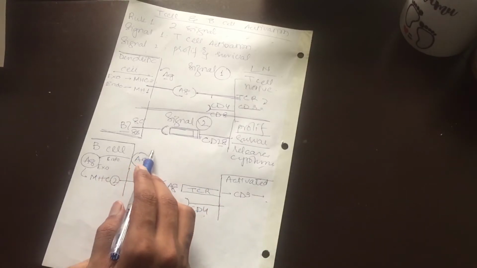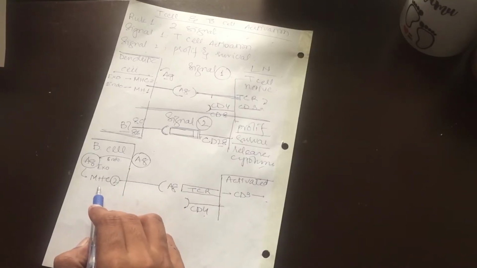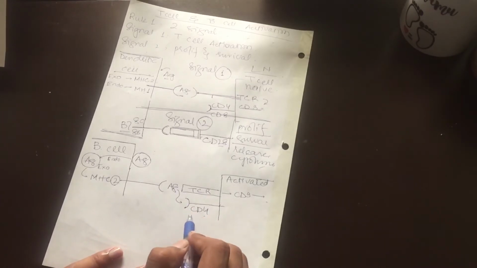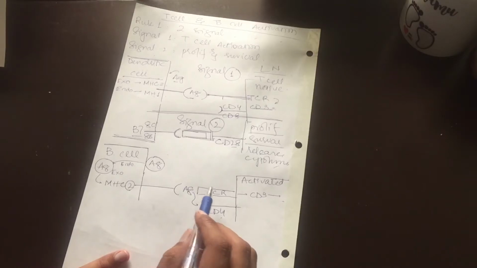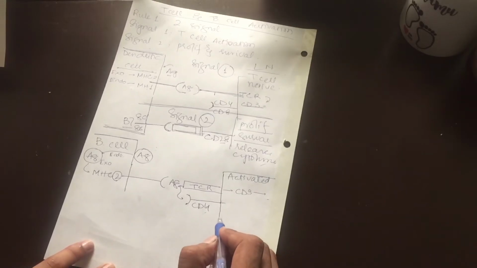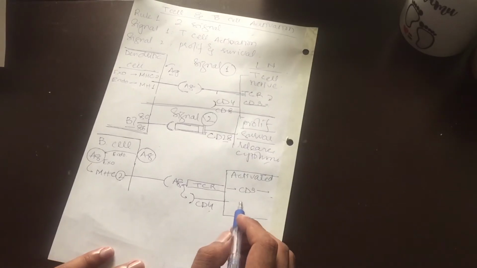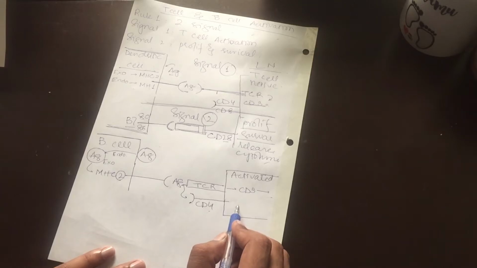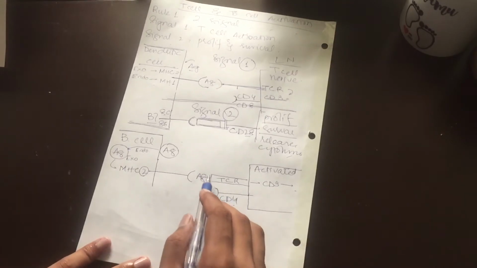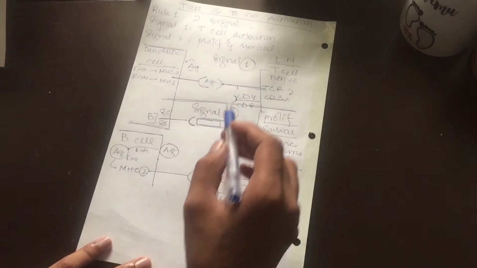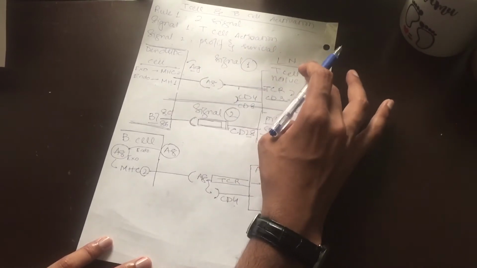Whenever a B cell presents an antigen, it always presents exogenous antigens. This leads to expression of MHC 2, which presents the antigen to CD4. So this is signal 1, the T cell activation.